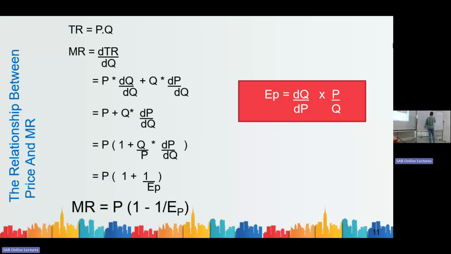At point B, the price is 6. And at point A, the quantity is 1, and at point B, the quantity is 2. So these are the 2 points we consider.